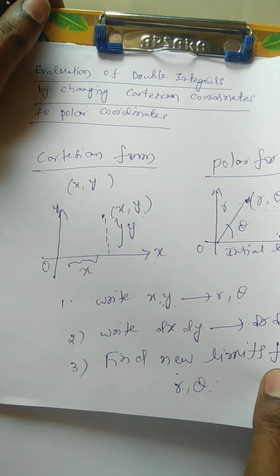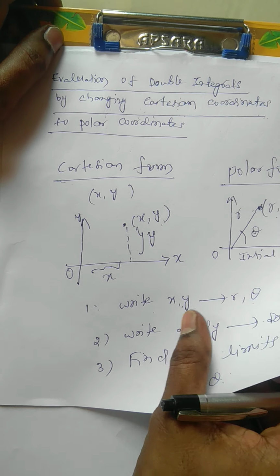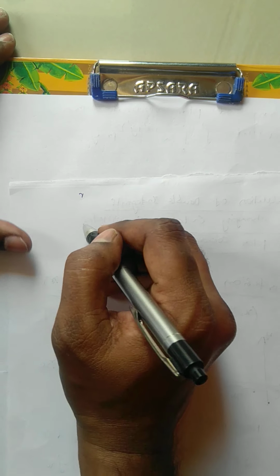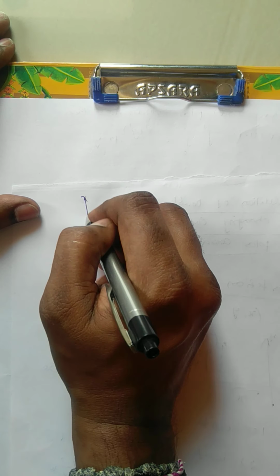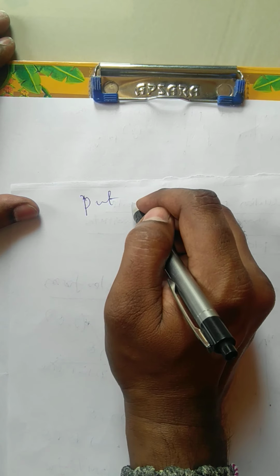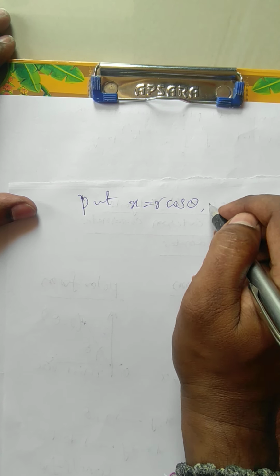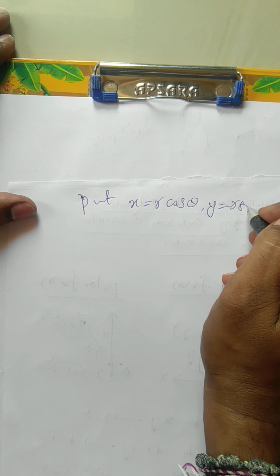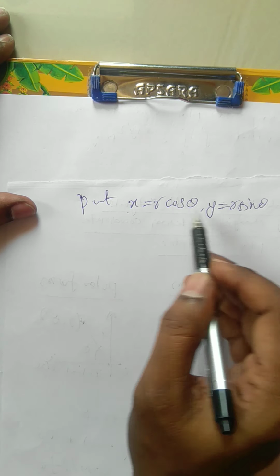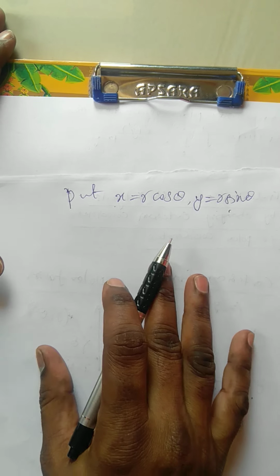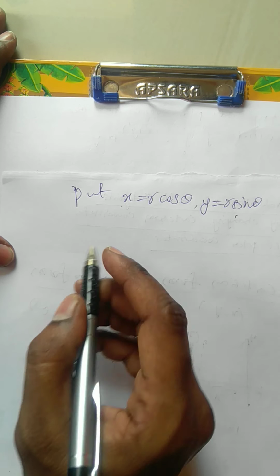What's the first step? We have to write x and y in terms of r and theta. So put x equals r cos theta and y equals r sin theta.